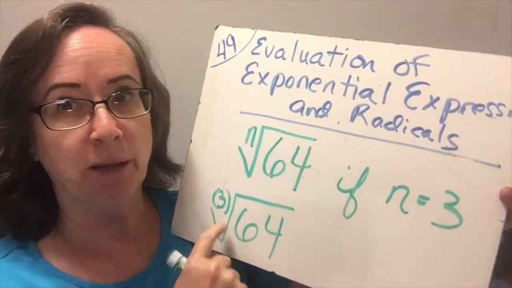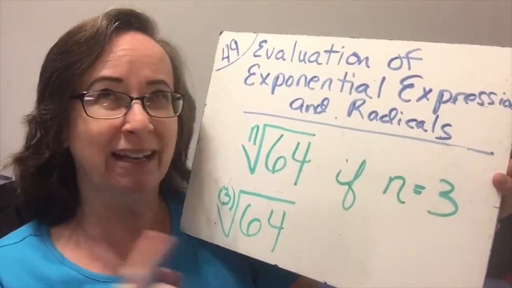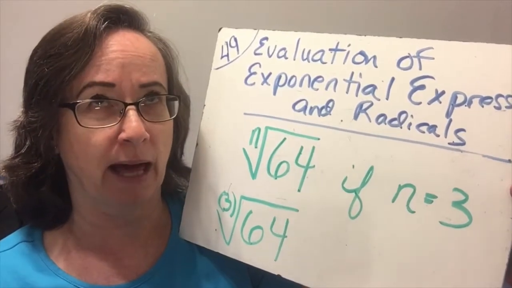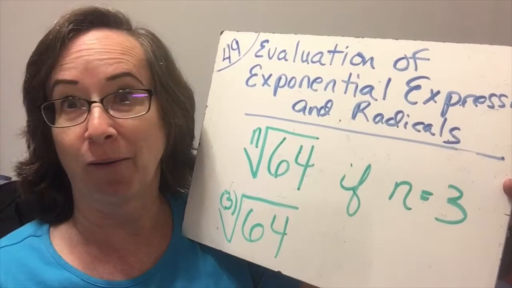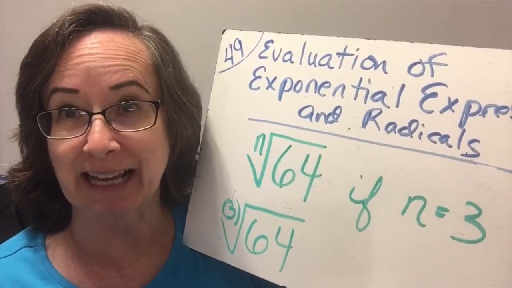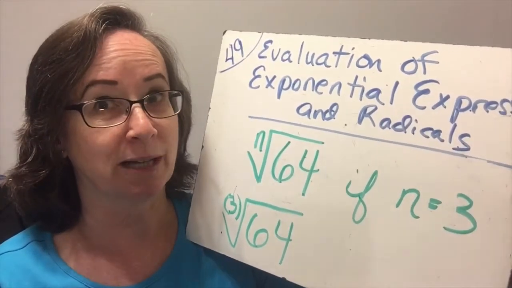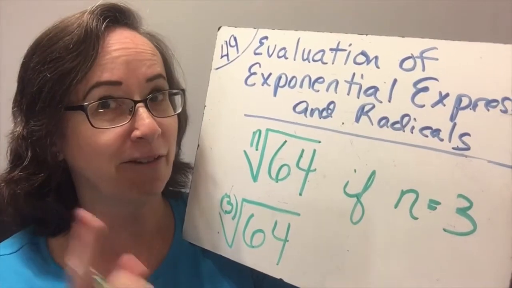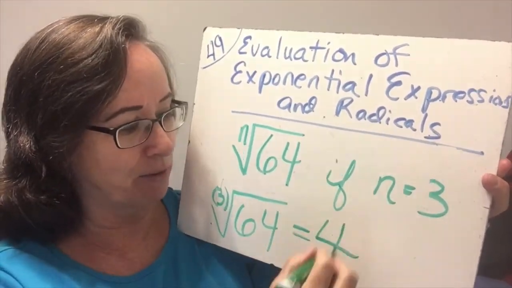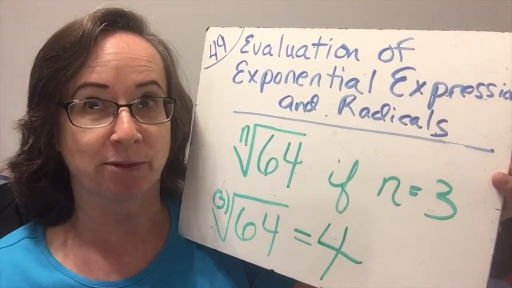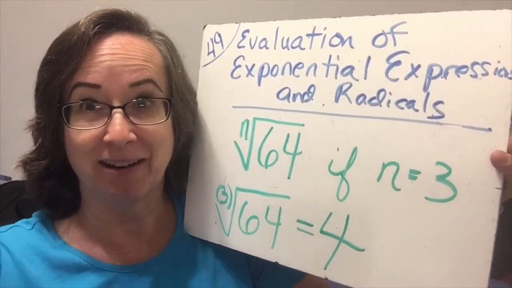All right, so the cubic root means what number am I going to multiply by itself 3 times to get 64? Well, we just did it on the last example. We said 4 times 4 times 4 was 64. Therefore, the cubic root of 64 is 4, because 4 times 4 times 4 equals 64.